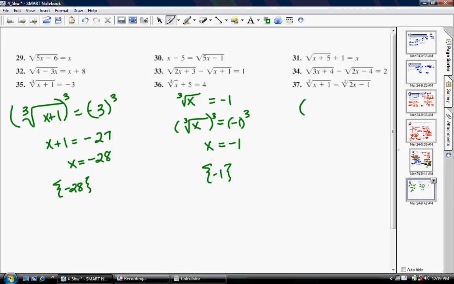If I cube both sides here, I would simply get that x plus 1 equals 2x minus 1, and I can subtract x to get x equals, we add 1, we get 2. And that would be the solution.